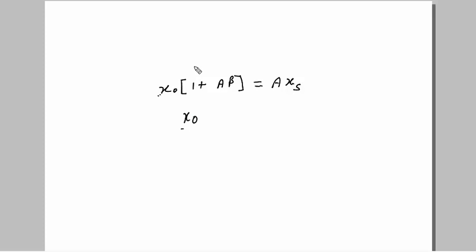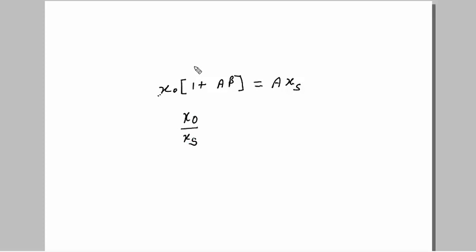So we'll get x naught times 1 plus A beta equals to A xs. Now if I take xs to the left hand side, we'll get x naught by xs.